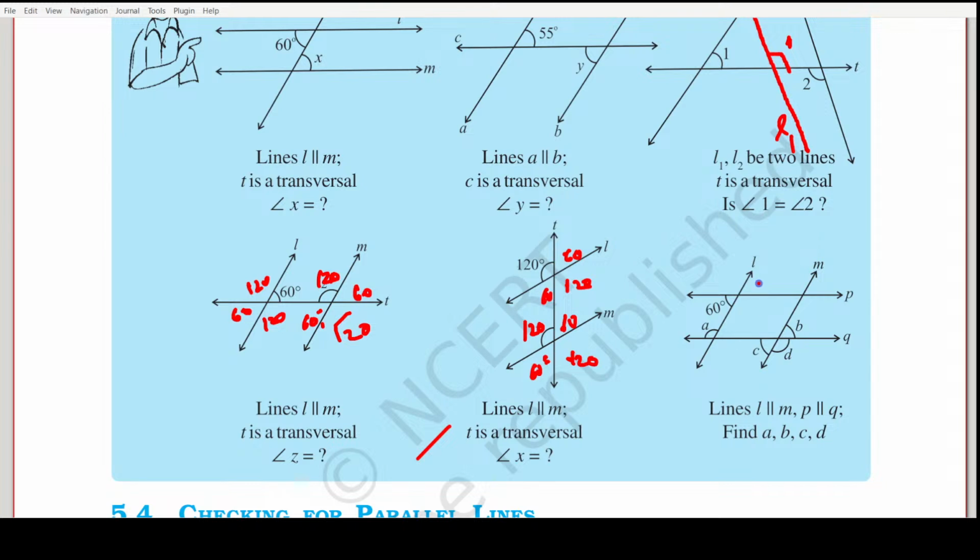You have to find out A, B, C, D. Be careful. We have done the same problem. A, B, C, D. Okay.